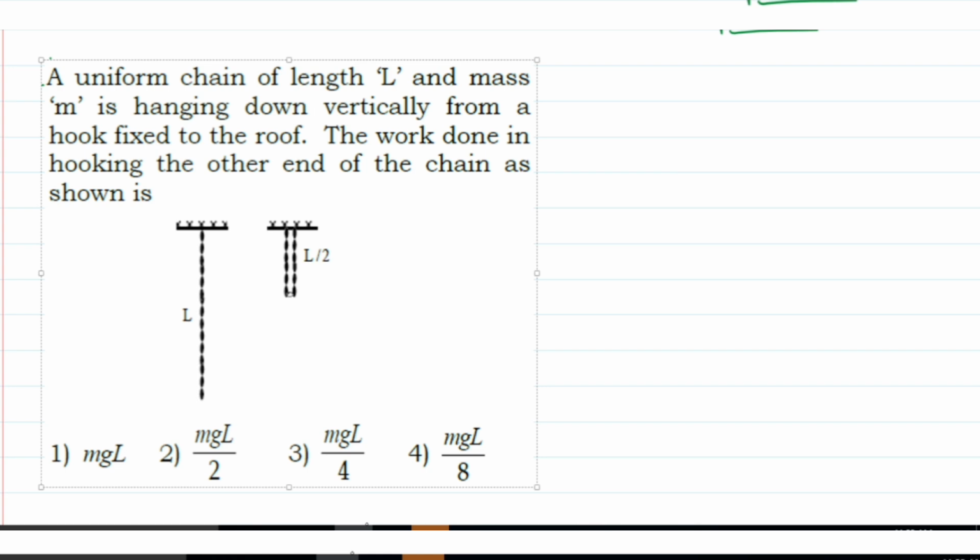A uniform chain of length L and mass M hangs down vertically from a hook fixed to the roof. The work done in hooking the other end of the chain is shown in the figure.